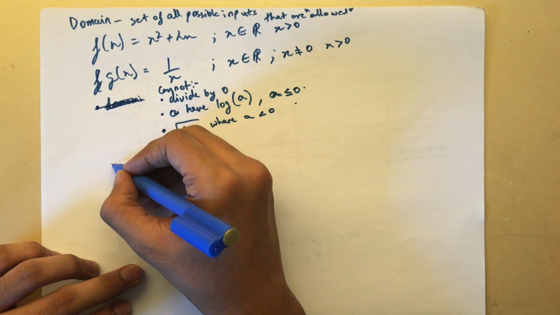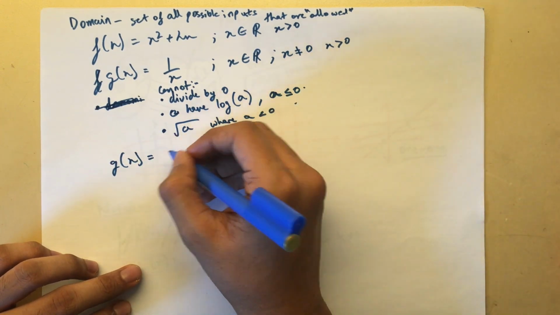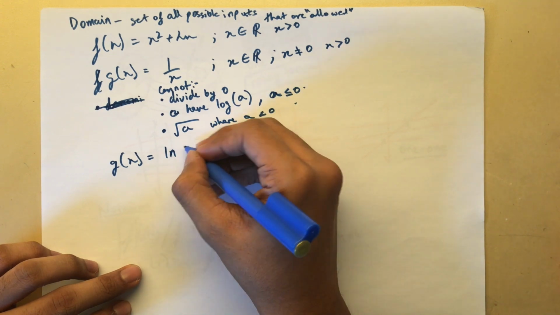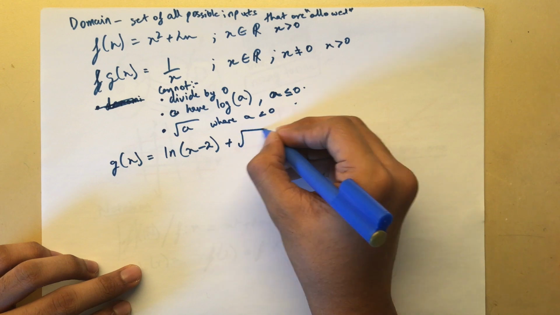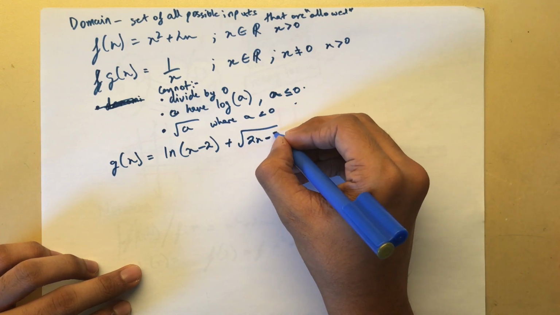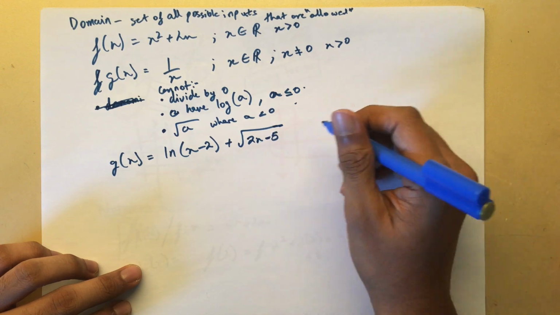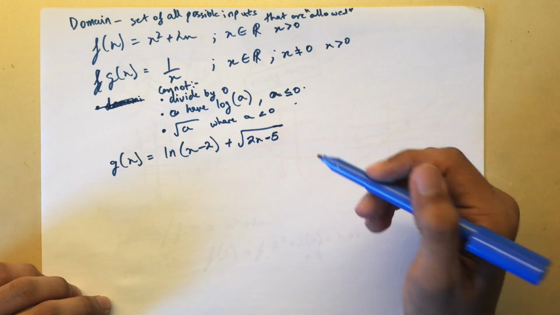So when we look at the domain of a function, let's say it was f of x equal to ln(x minus 2) plus root(2x minus 5). We would have to look at the places in which any of these things could happen.